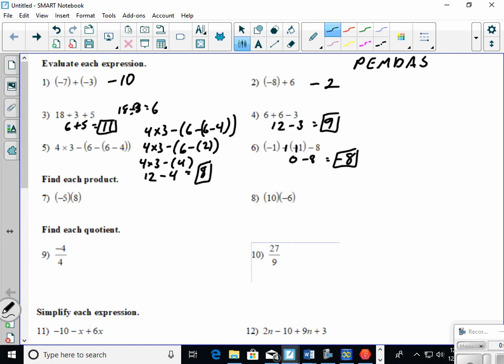Number 7, just multiplying, finding the product. We have two terms, one negative and one positive, so the answer has to be negative, and 5 times 8 is 40. Same thing with number 8. 10 times -6: one negative makes the answer negative, and 10 times 6 is -60.